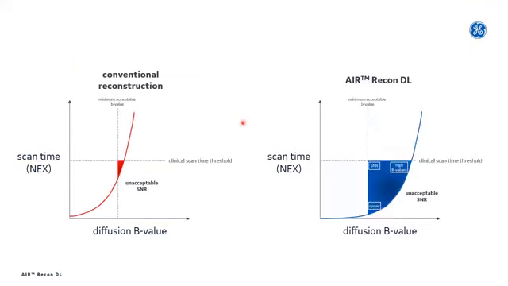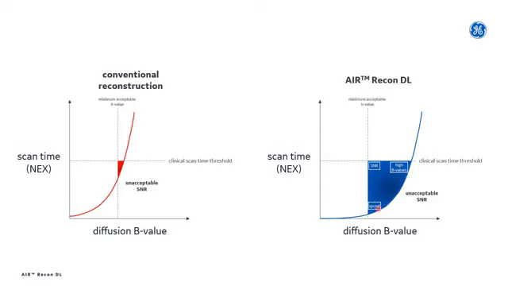And if you are concerned about how that protocol space looks with diffusion-weighted imaging, this is a little bit how it works, where we've plotted scan time, diffusion b-value, and the contour of the SNR, and you get the same impression here with AIR Recon DL.